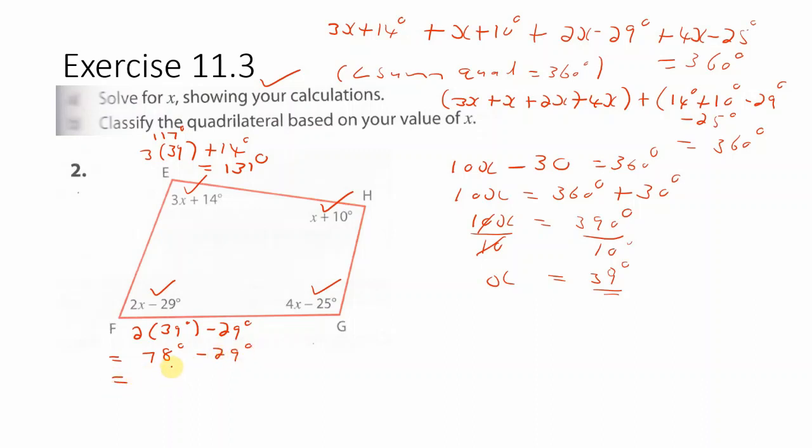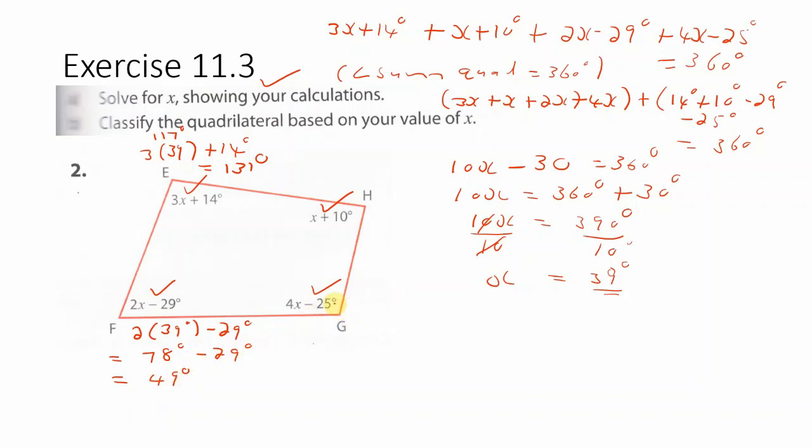Well, let's just subtract 30 to make it easy. 78 minus 30 is 48. We subtracted 1 too much, we have to add it back, so it's 49 degrees.